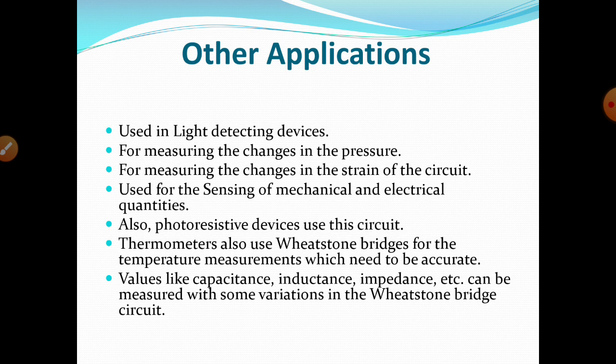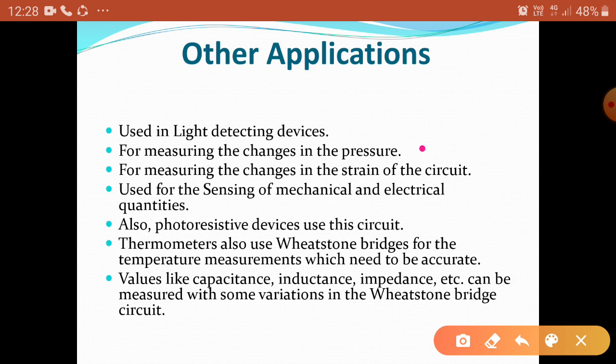There are some other applications of the Wheatstone's bridge. These are used in light detecting devices, for measuring changes in pressure, for measuring changes in the strain of the circuit, and for the sensing of mechanical and electrical quantities. Also, photoresistive devices use this circuit.